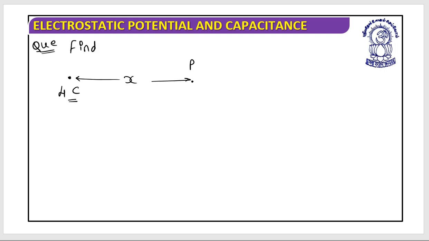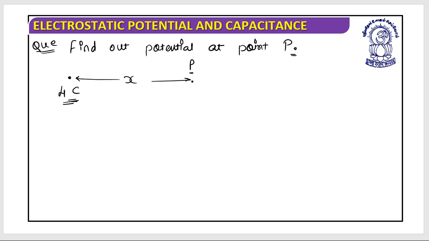What they have asked is: find out potential at point P. When we say potential, at this point of time we know only one potential. It is an electrical potential or an electrostatic potential. So we are always doing the same thing. So what would be its potential at point P?